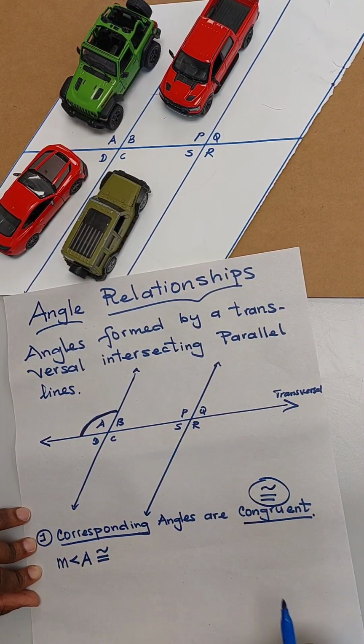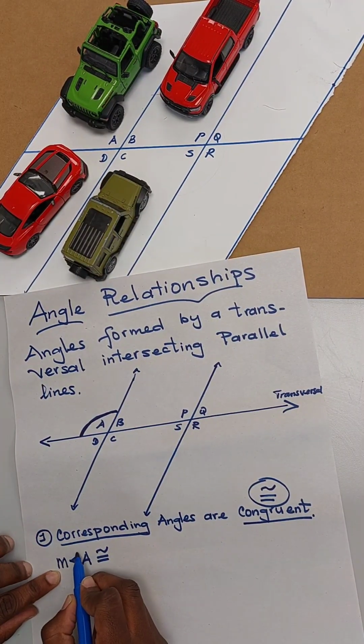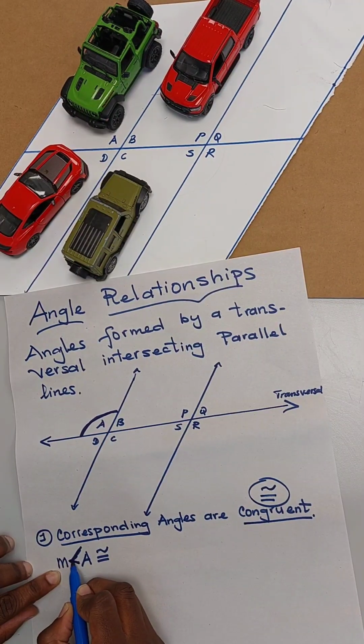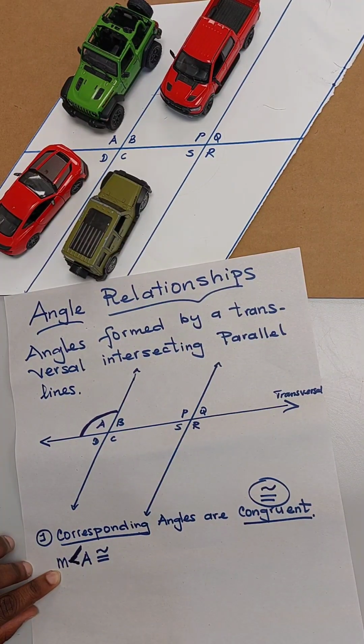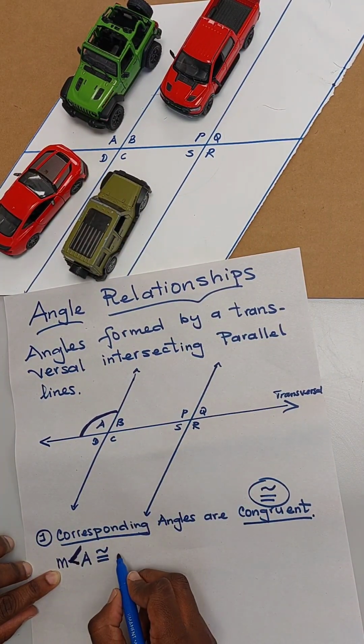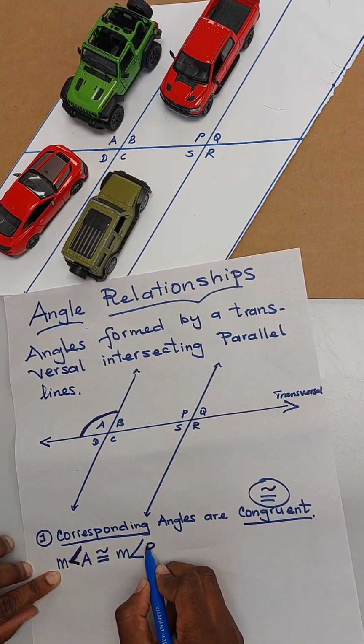This is a mathematical symbol for congruent. So the measure of the angle A, this M stands for measure, and this sign here means angle. It's a little different from the less than sign because we make this upper arm longer. The measure of the angle A will be congruent to the measure of the angle P.